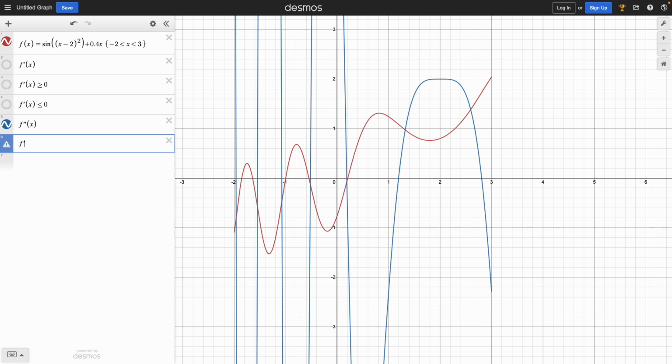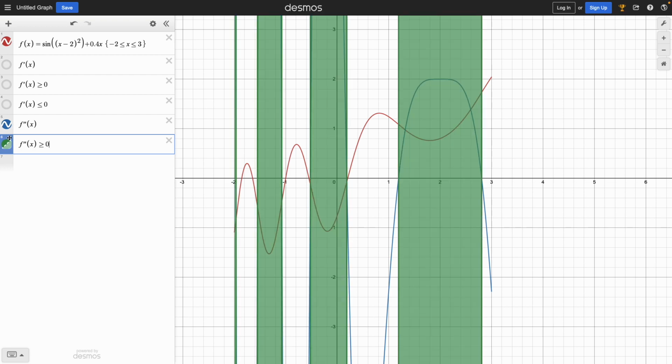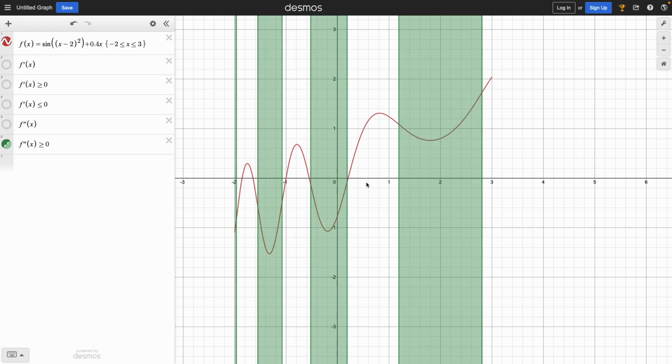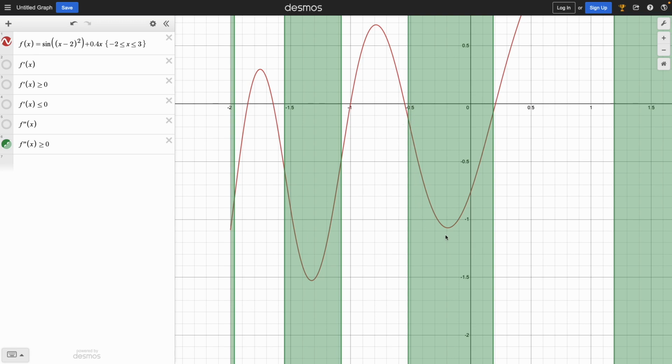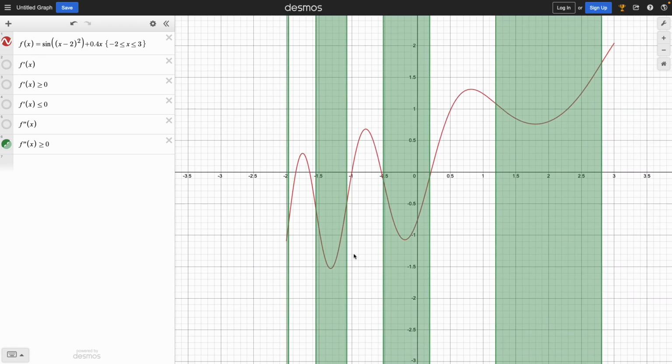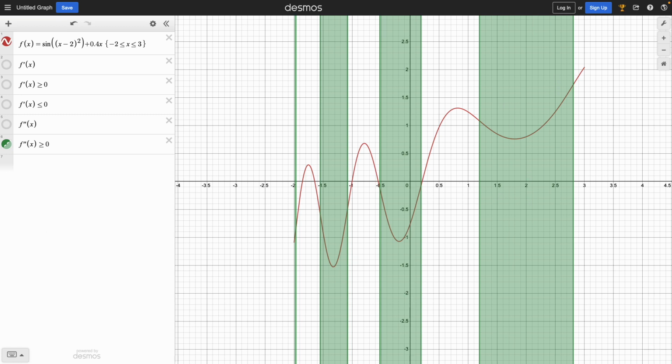I will concentrate on the regions of positive and negative second order derivative of f of x. So I'll say that f double prime of x is greater than or equal to 0. Please notice that within these green regions, f of x behaves like a bowl. It is curved upwards. So these are the convex regions of f of x.